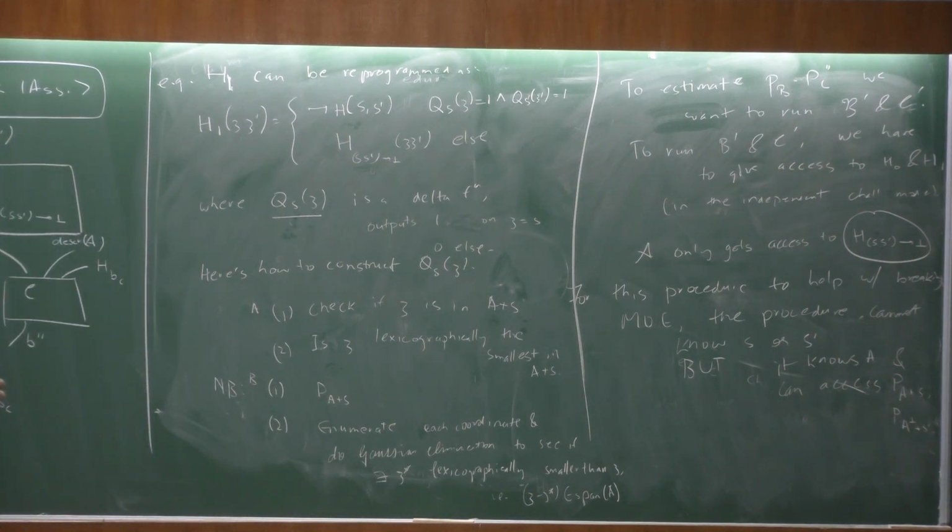What is the necessity of A1? Because before you start checking whether it's the smallest element, you want to make sure that it's in the set. The zero vector could be the smallest vector, but you need to make sure that it's actually in the coset. It's not doing anything deep.